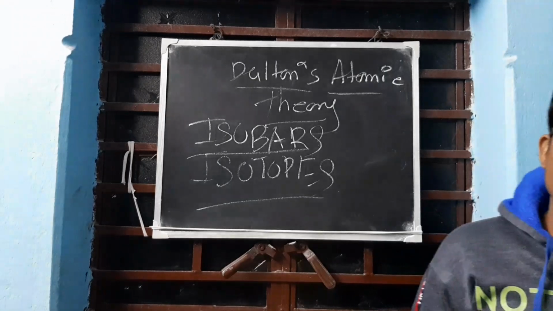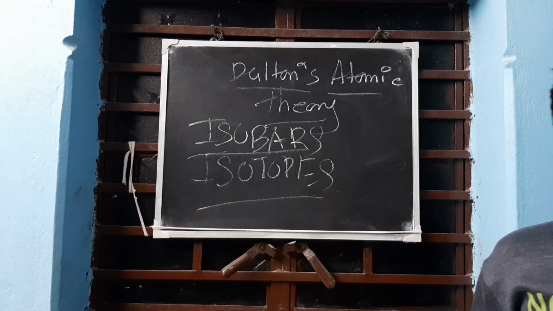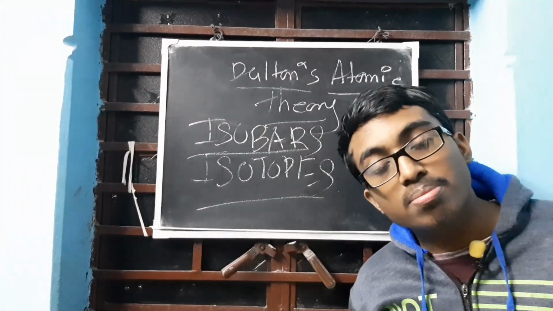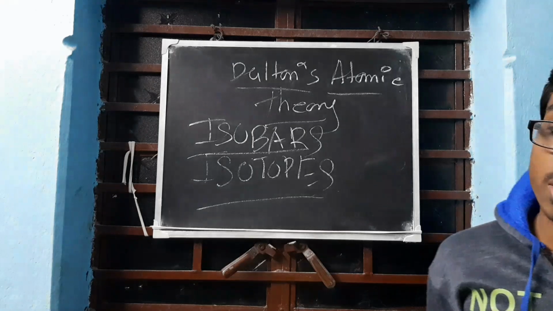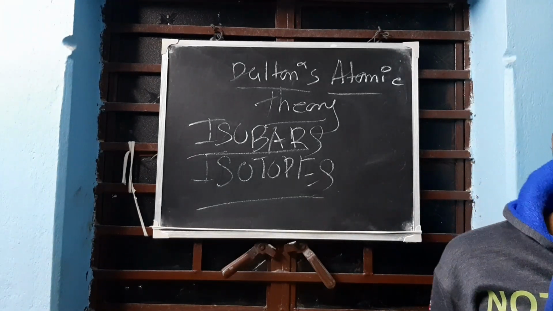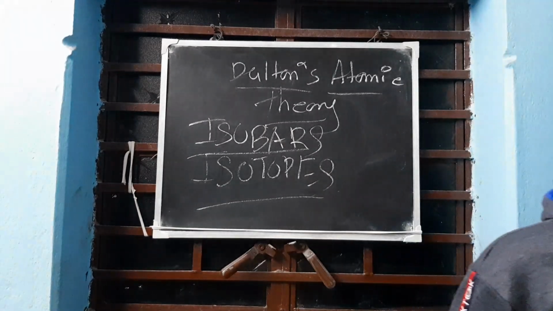So this postulate also breaks up. Next, Dalton said you cannot divide an atom, but we have divided an atom into proton, electron, neutron, even now meson, antineutrino, a lot of things are there.